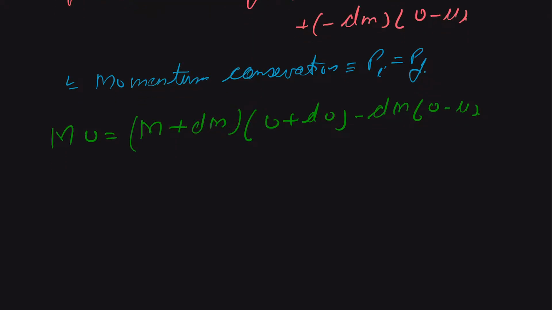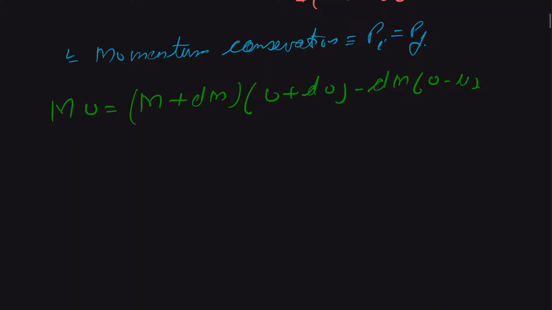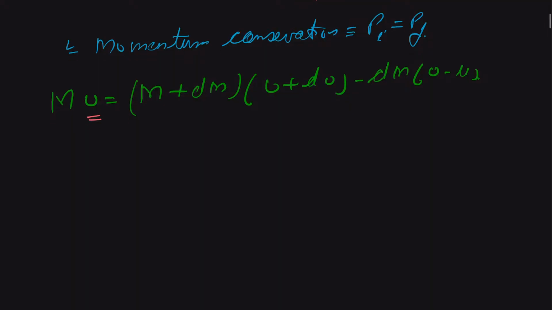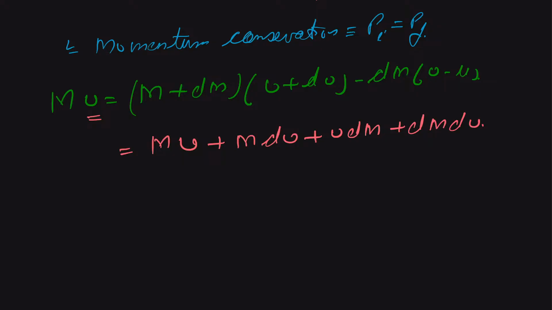And this is now simple calculation. We are interested in finding out the velocity v. So let us open our right side. That will be giving us M times v plus M times dv plus v times dm, and then plus dm and dv, minus v into dm plus u times dm.